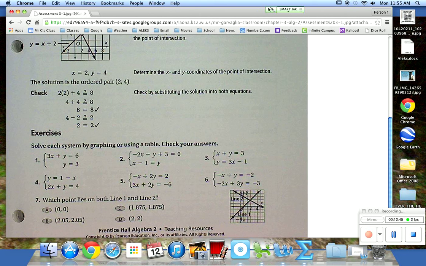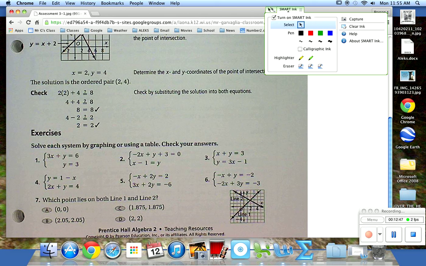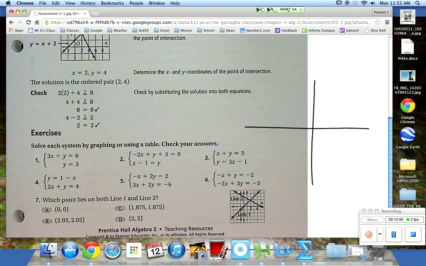If I try and graph y equals 3, 1, 2, 3, it's a straight line that goes like this. It's a straight line because no matter what x is, y is always equal to 3.